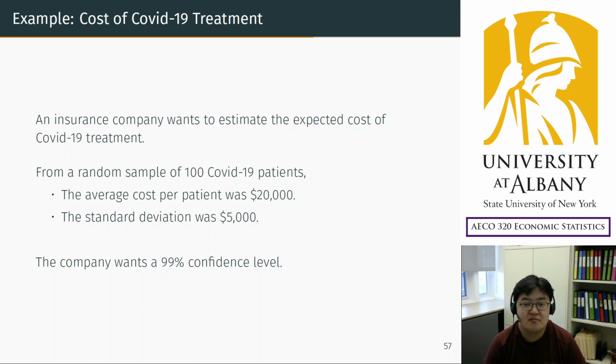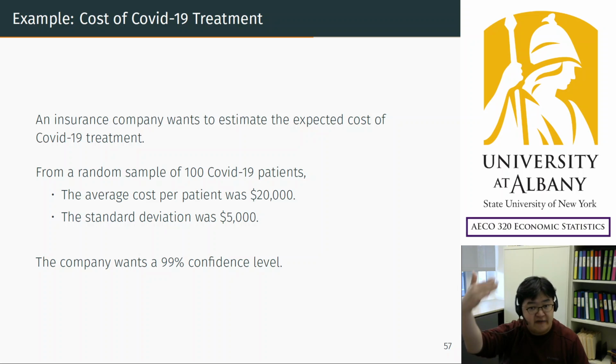Suppose that an insurance company has a random sample of 100 COVID patients. You observe 100 numbers, like medical expenses from 100 patients. And if you calculate the average over them, you get $20,000.